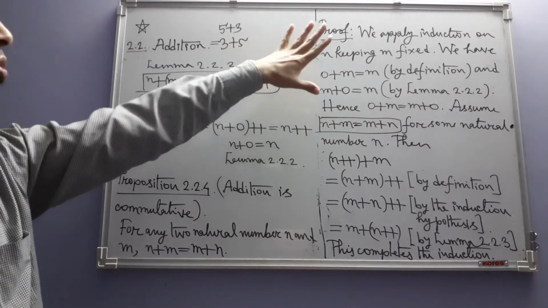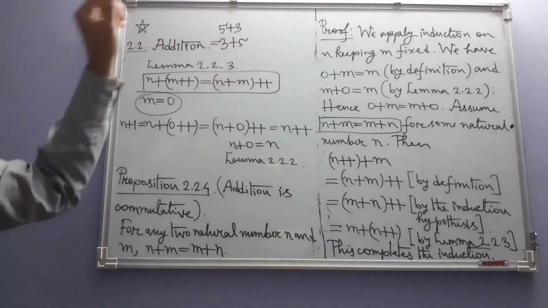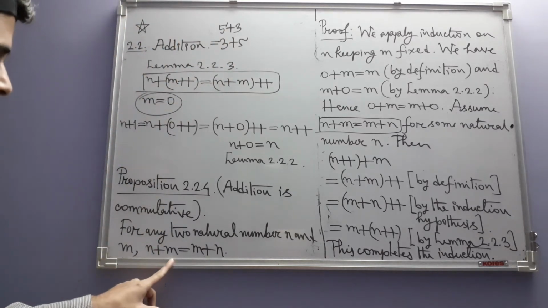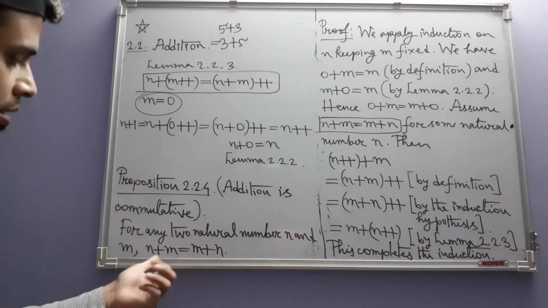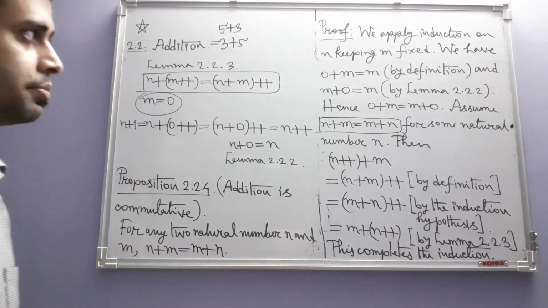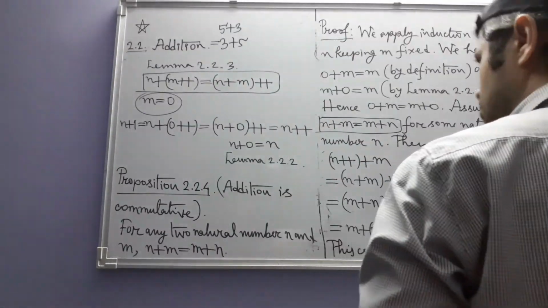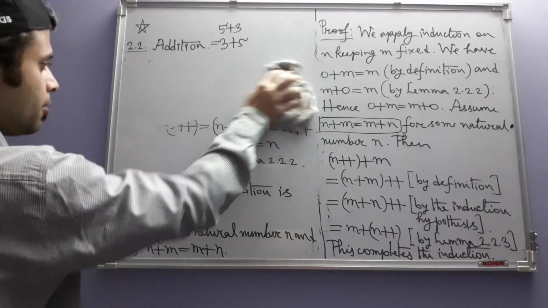And in fact, for any two natural numbers n and m, their sum is the same irrespective of the order in which they are written. So we have achieved commutativity of addition.